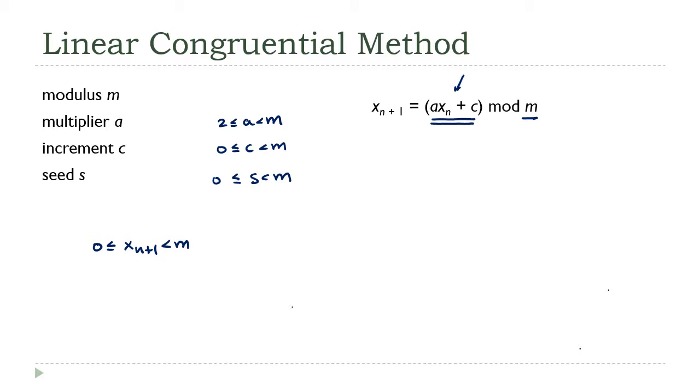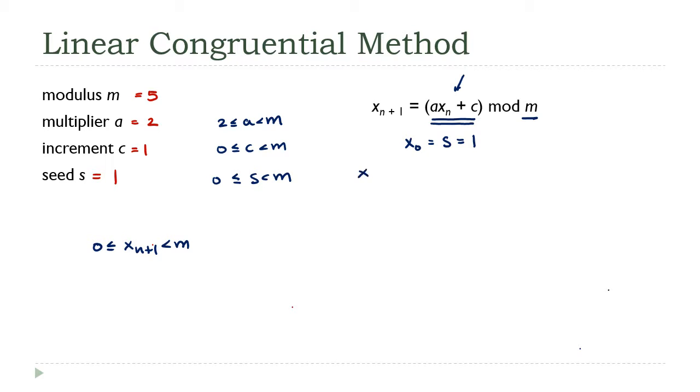All right, so let's actually do this. Let's pick some numbers. I'm going to let m be 5, I'll let a be 2, and I'll let c and the seed both be 1. The seed is actually our first value. So x sub 0, the first number in the sequence, is equal to the seed, which for our example is 1.